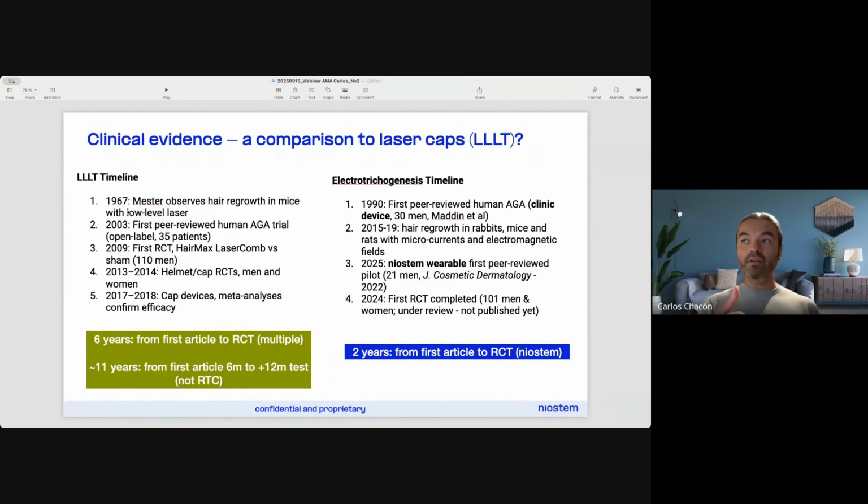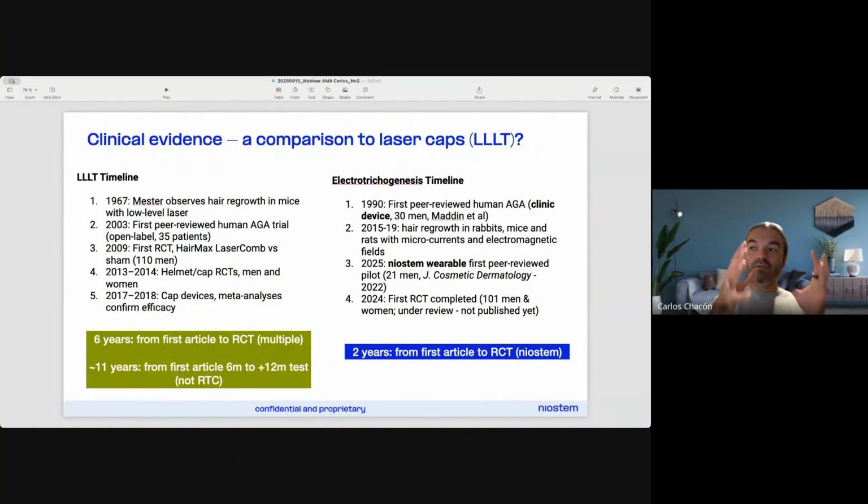Then after 4 years, you start having trials in men, in women, and larger. The first one was with the comb, but only 10 years after the first publication, you had the helmet. And fast forward to 2017, 18, you have what is called a meta-analysis, when you have enough publications from independent groups that you can combine all this and say, okay, this actually works or doesn't work.